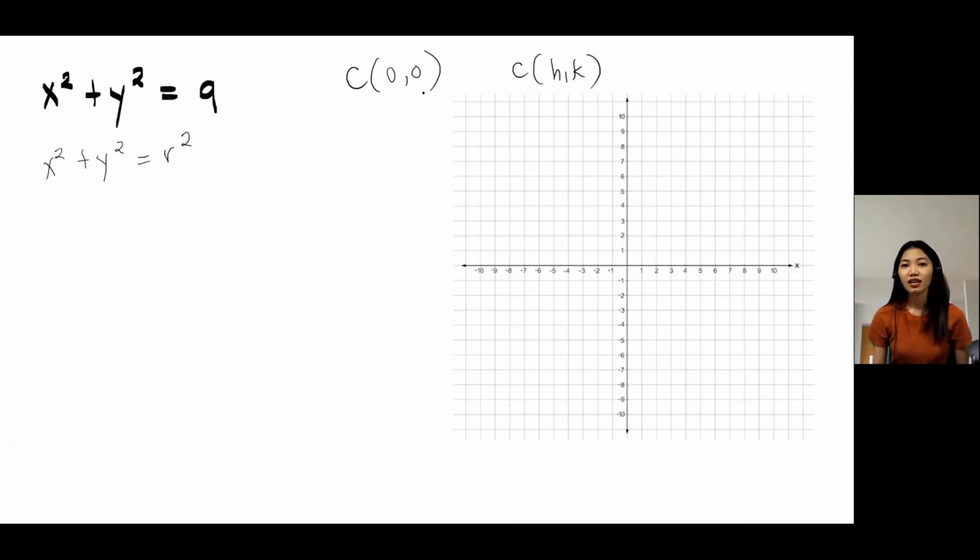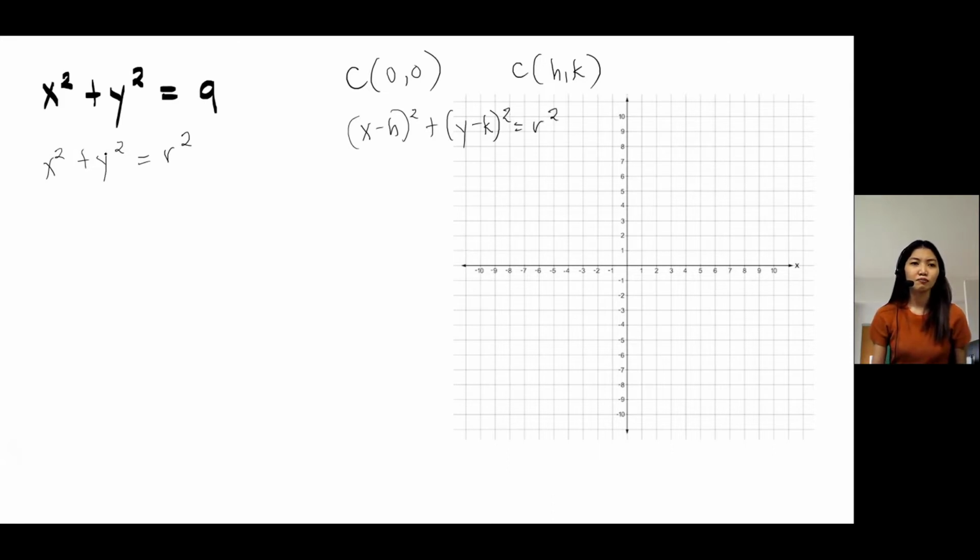And if the center of the circle has coordinates of h and k, the equation of the circle will be x minus h squared plus y minus k squared is equal to r squared.